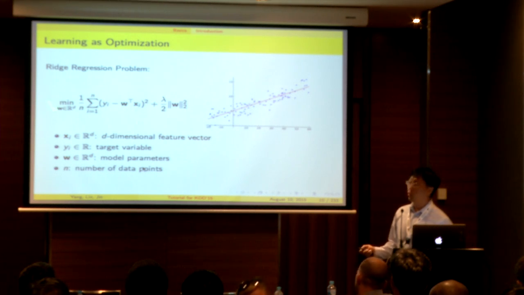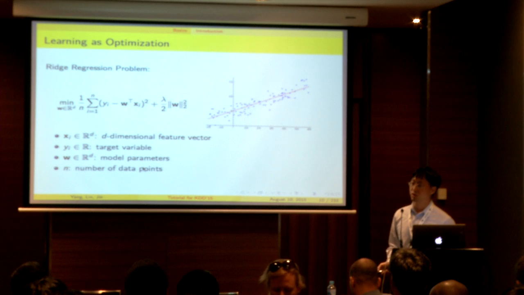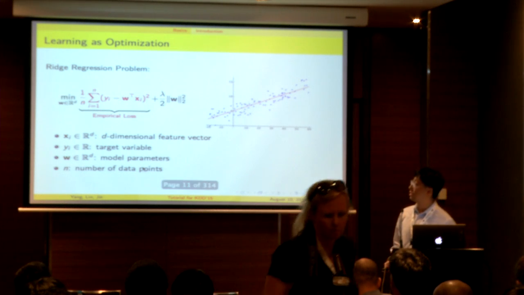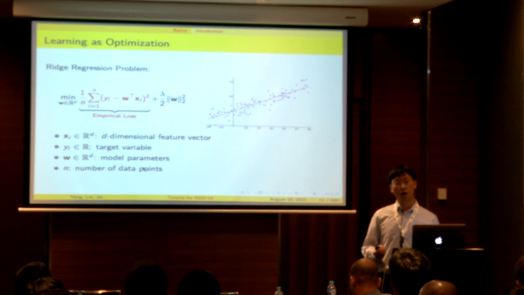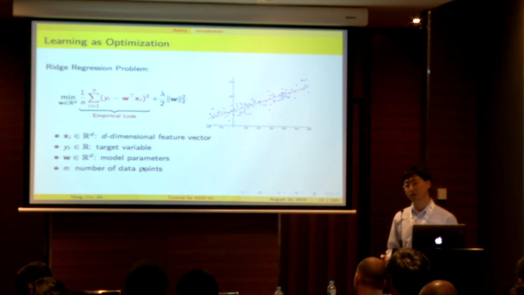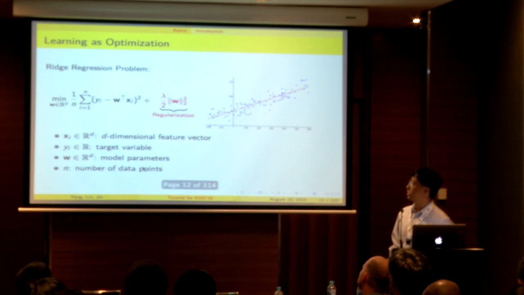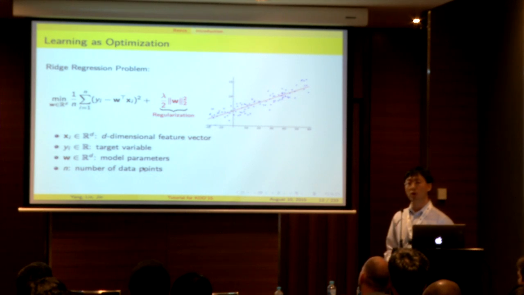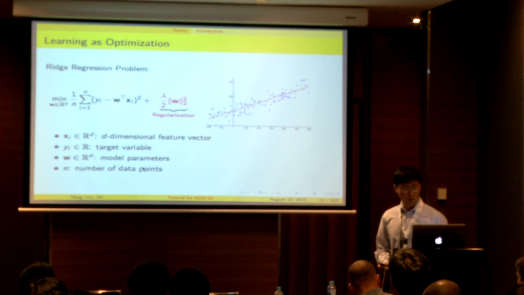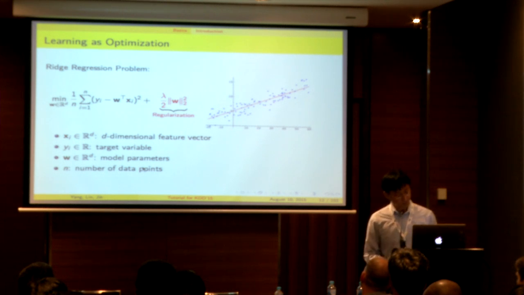In order to find the best parameter w, we minimize this objective, which consists of two parts. The first part measures the loss of the model on the training data. Here this is the least squares error, averaged over the training data. The second part of the objective function is a regularization term. Here it is the standard squared Euclidean norm regularization, and the purpose of introducing this regularization is to avoid overfitting.